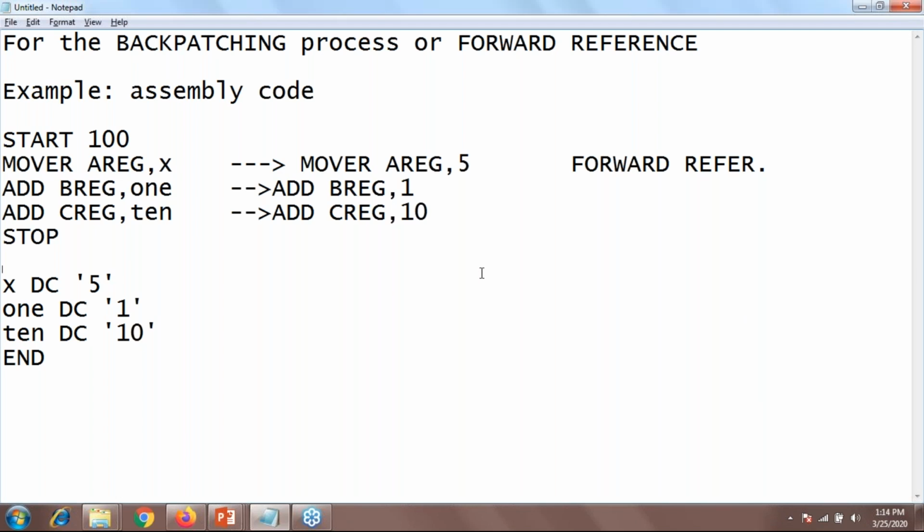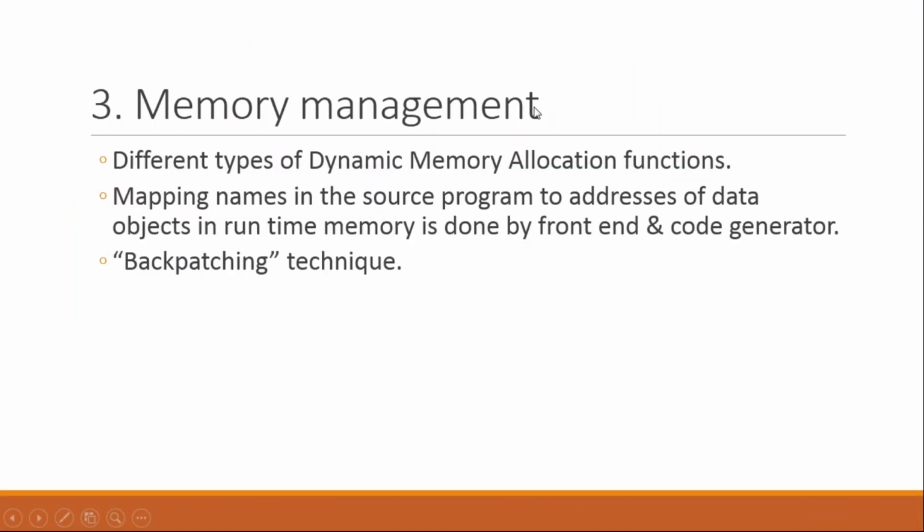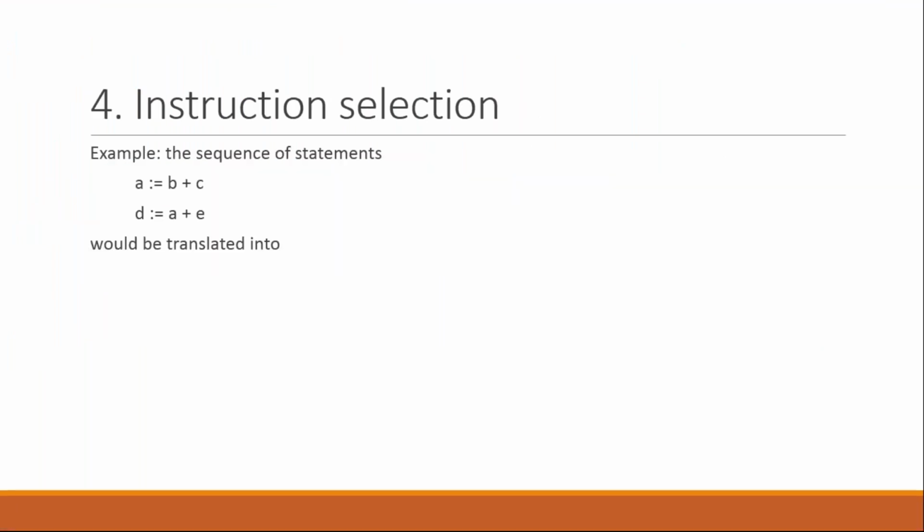Okay, let's start with the next one. That is the fourth one. What is the instruction selection process? Instruction selection process is something like, if there are some sentences which we can eliminate, and there is no doubt or no effect on my output, that type of sentences may be eliminated from your generated code, right?